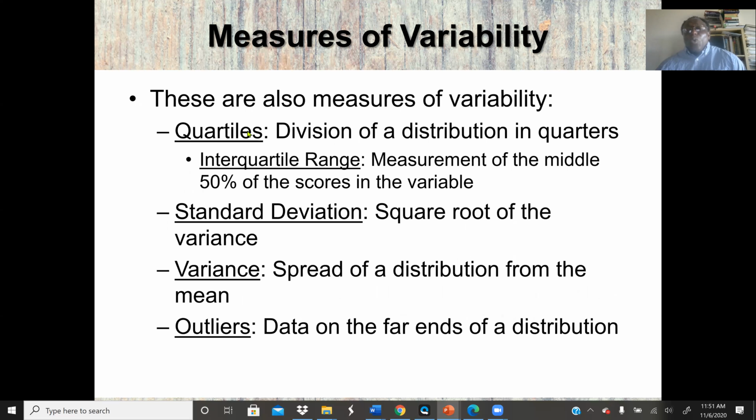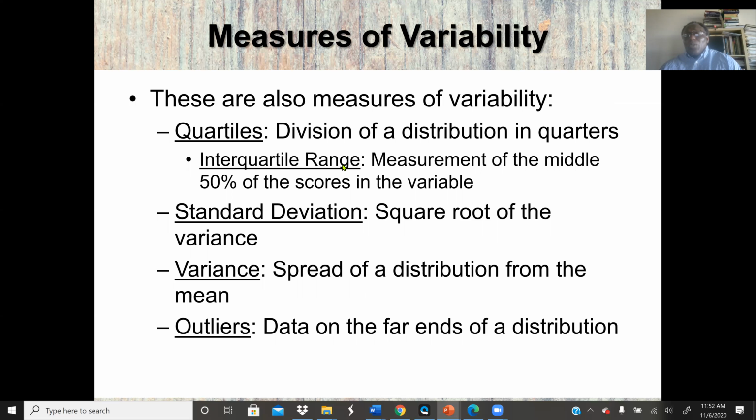We can also use quartiles to measure variability. Normally, that's why it's called quartiles, we divide the data set into 4. But actually we find the 25%, 50%, and 75%, so we only have Q1, Q2, and Q3. From there, we can find the interquartile range, which is Q3 minus Q1.